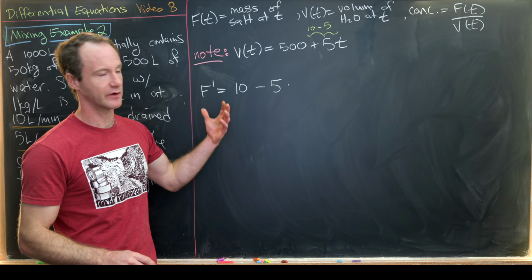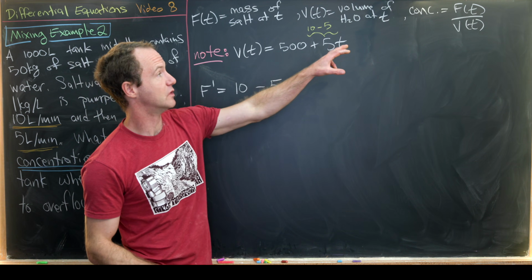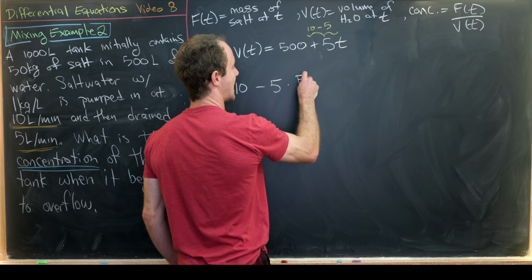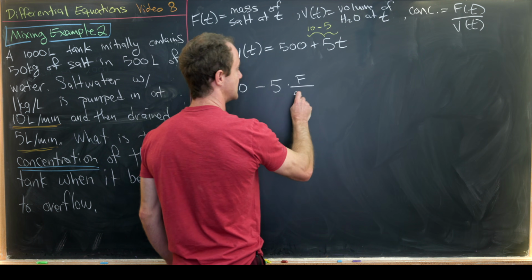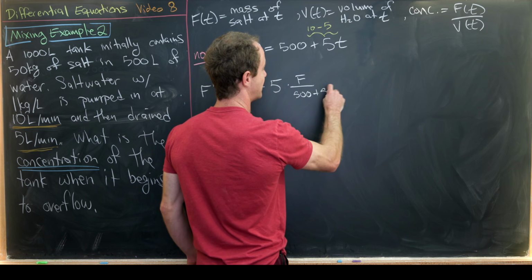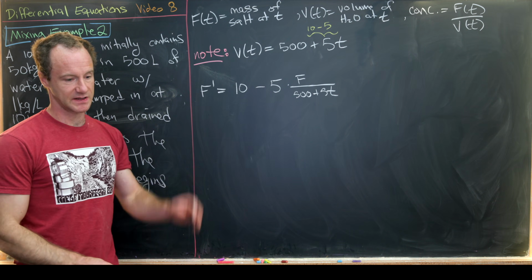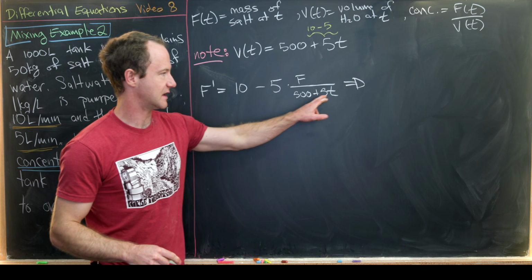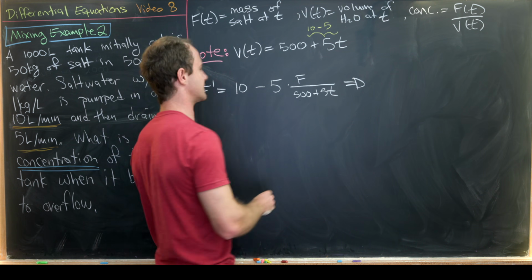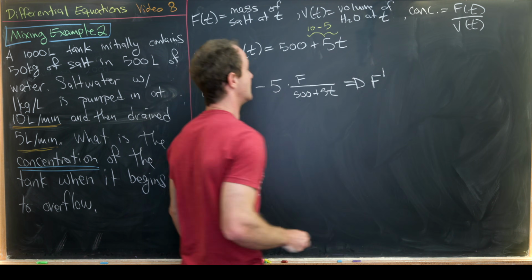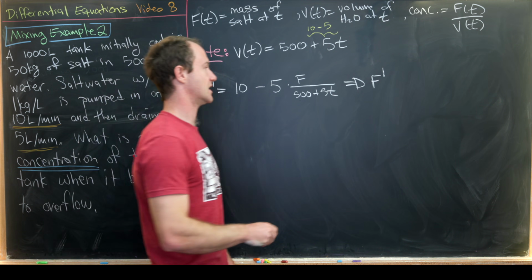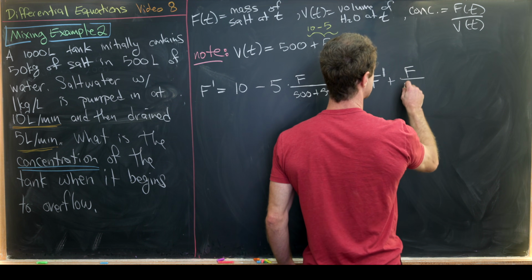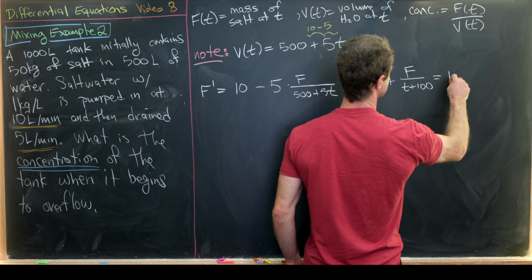But the concentration going out is just the concentration of the tank, which is F of t over V of t. So that's going to be 5 times F over 500 plus 5t, which we calculated for V. Notice we can simplify this a bit, given the fact that everything in the denominator is a multiple of 5, so we can cancel that down. That gives us this nice first order linear differential equation of F prime plus F over t plus 100 equals 10.